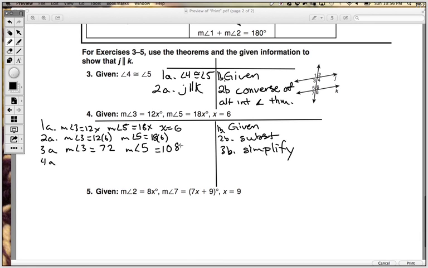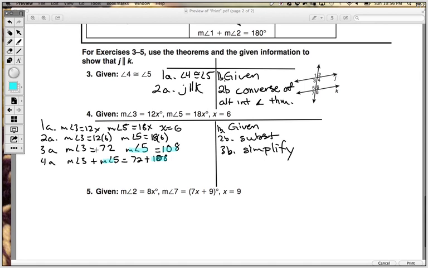Simplify. And then for 4a, I could say measure of angle 3 plus measure of angle 5 equals 72 plus 108. And what I did there was something really clever. So I took these two pieces that were equal and I added them equally to the first setup in 3a.